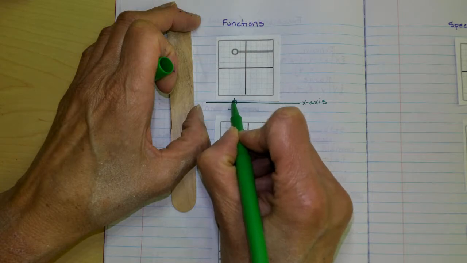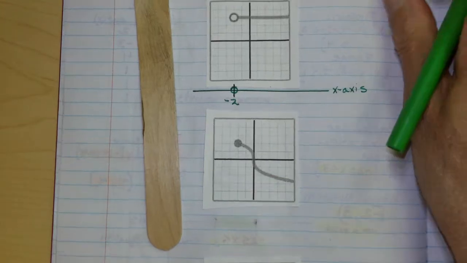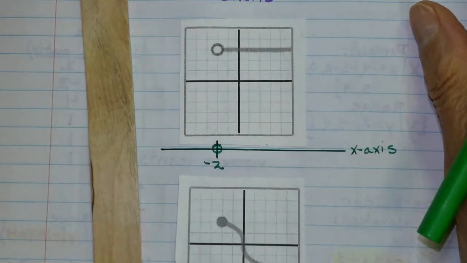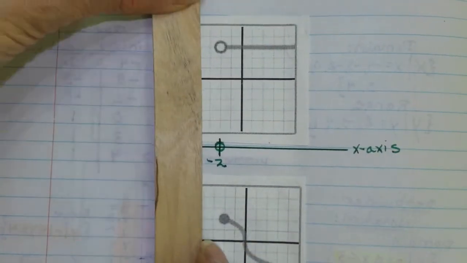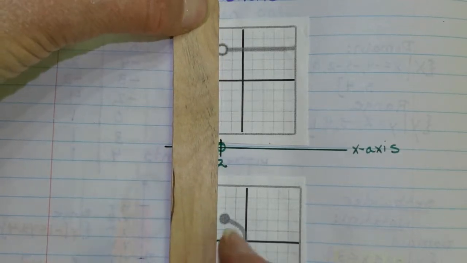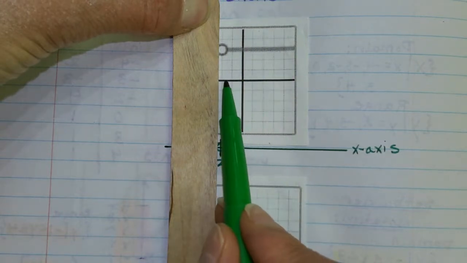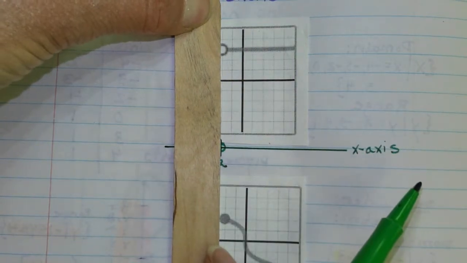I'm going to put an open circle because it comes really close to -2, but it doesn't actually equal -2. So notice that my stick is going to be vertical, because in order for me to tell the value of whatever is happening here for my x, I have to reference my x-axis.